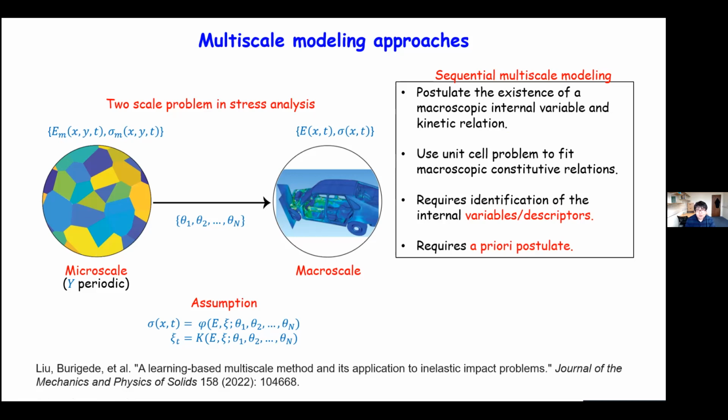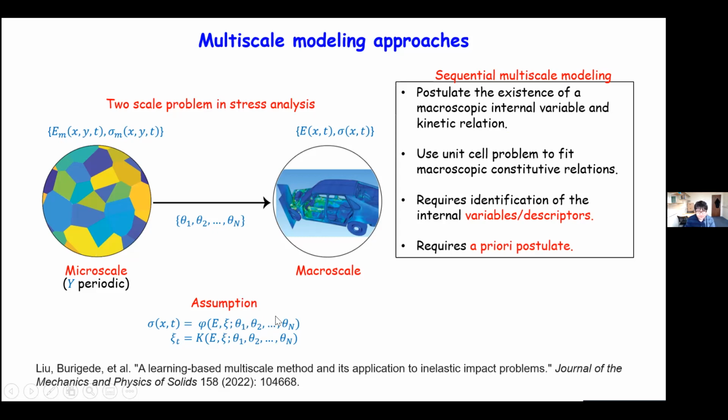So one is the so-called sequential multiscale modeling, where we're basically saying that the low length scale model and the high length scale model are linked by a constitutive relation, which has an assumption where we say that our macroscopic quantity of interest, for example the stress, can be fully captured by the average of the microscopic strain, physical variables plus some hidden state variables.